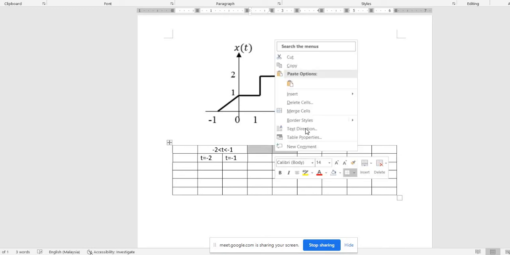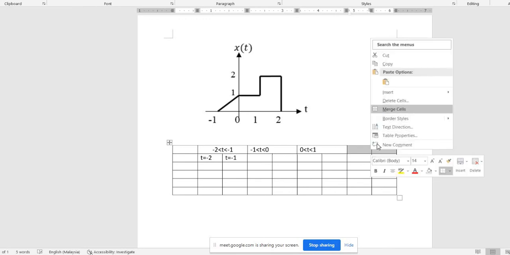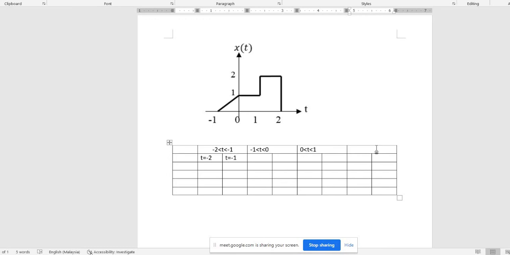So you just fill up the range first. So this one should be -1, and then to 0. And then this one is 0 to 1. And then this one will be 1 to 2.